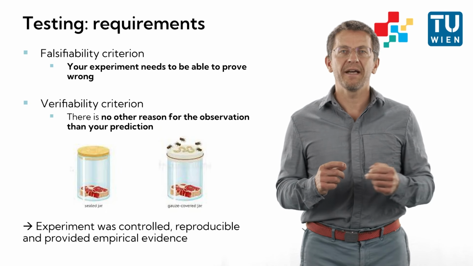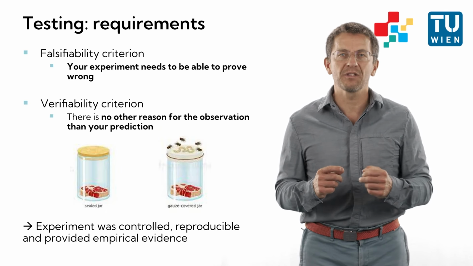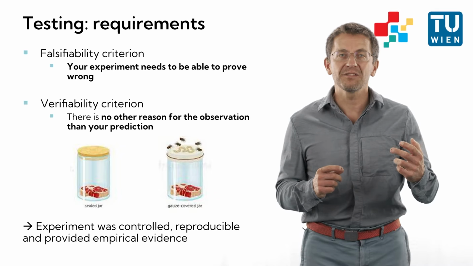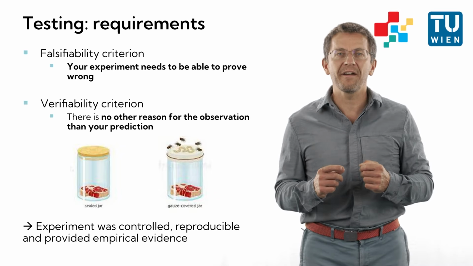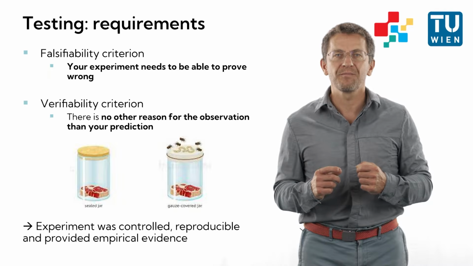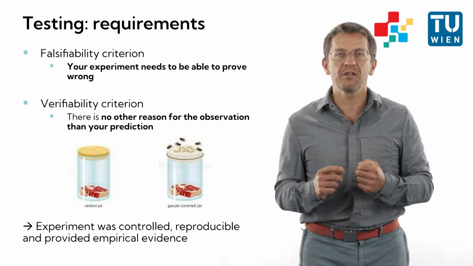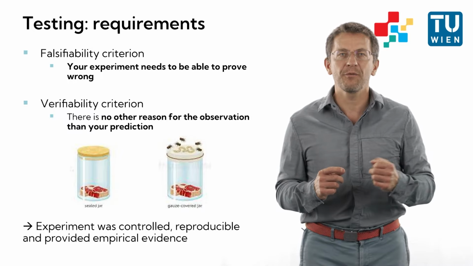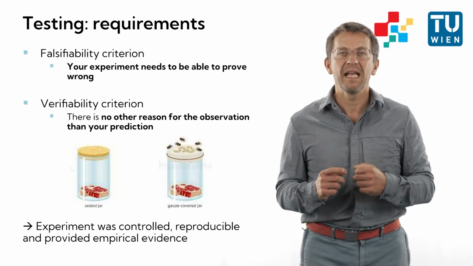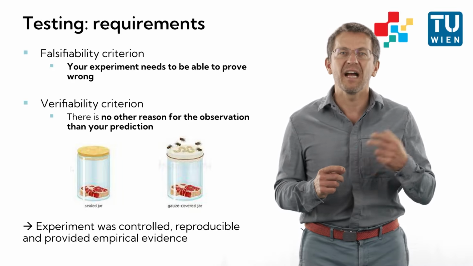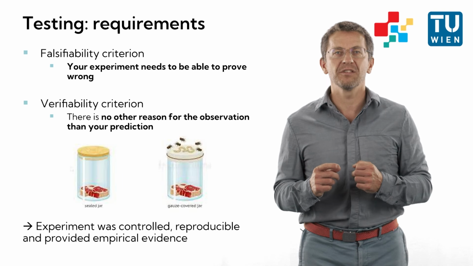Reproducibility, other scientists could repeat it and get the same outcome. Empirical evidence, conclusions were grounded in direct observation and measurable results. This allowed others to independently confirm his findings, strengthening the rejection of spontaneous generation and supporting biogenesis, the idea that life comes from pre-existing life.